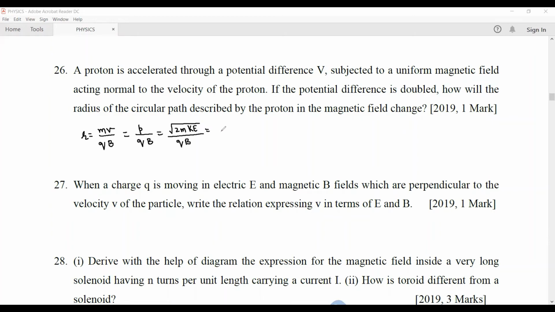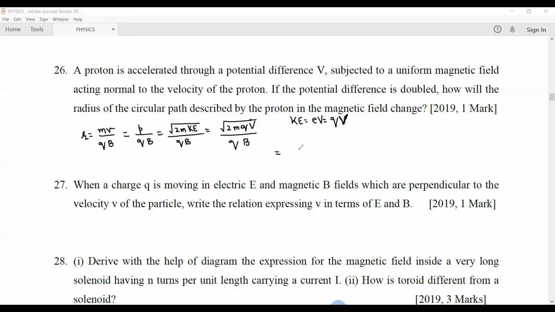Also, this kinetic energy can be expressed in electron volt. We know that kinetic energy is equal to eV. Here e is equal to q, so the kinetic energy is equal to q into the potential difference V.